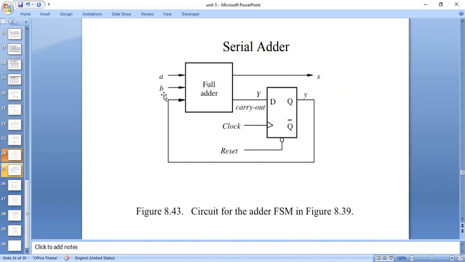And if we use a full adder, you can write S directly, and the carry will be stored here, and this will be applied as input.